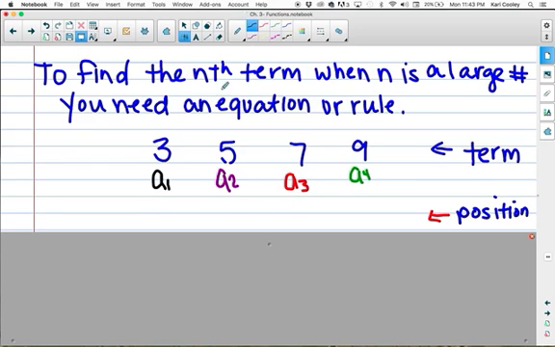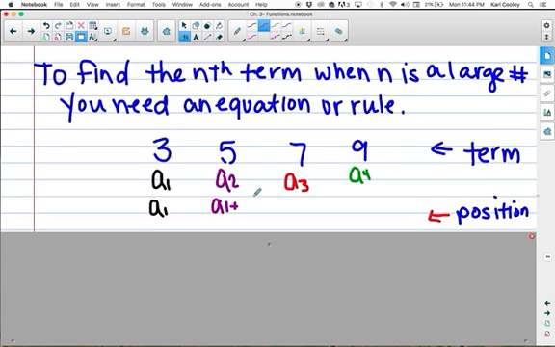We can then take a look at it in terms of each other. This first term is obviously itself. But the second term, isn't it A1 and then plus something? And in that something, we should see what that common difference is. And this one here, isn't it the one before it?